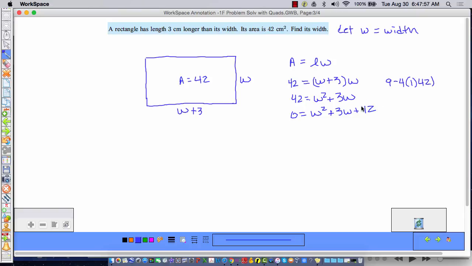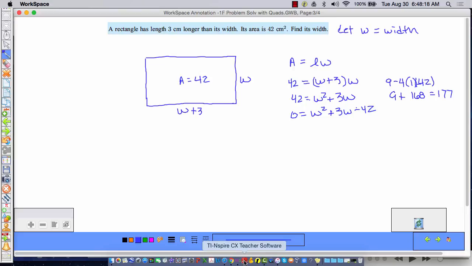Wait a second, sorry, I subtracted 42, so that's a negative. So that's 9 plus 4 times 42. 4 times 40 is 160 plus 8, 168. So that's going to be 177. That is not factorable.